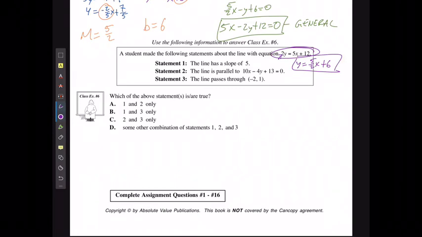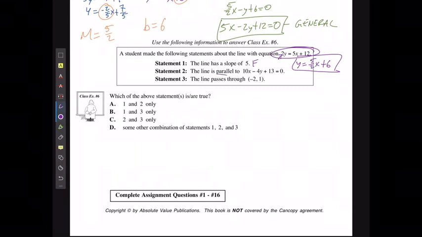There's a true form of my slope-intercept. As soon as I do that, I can see that statement 1 is false. The slope is not 5, the slope is 5 over 2.